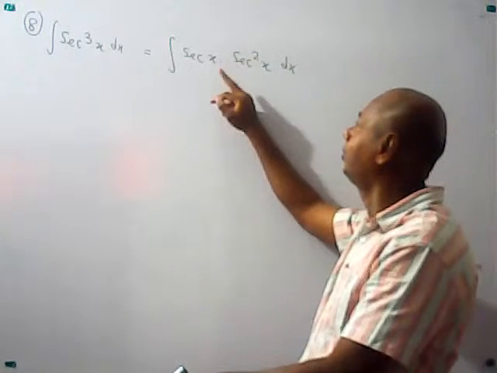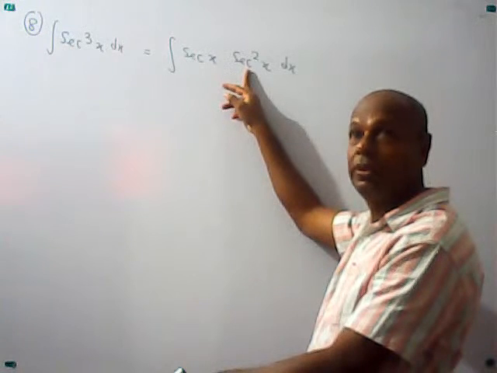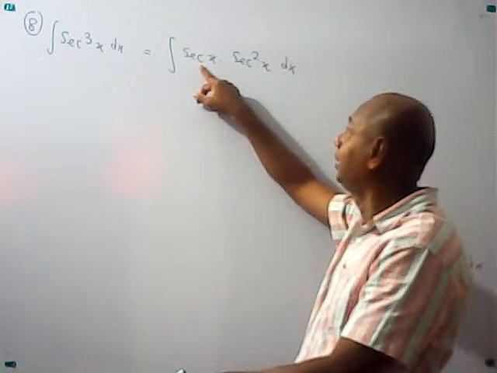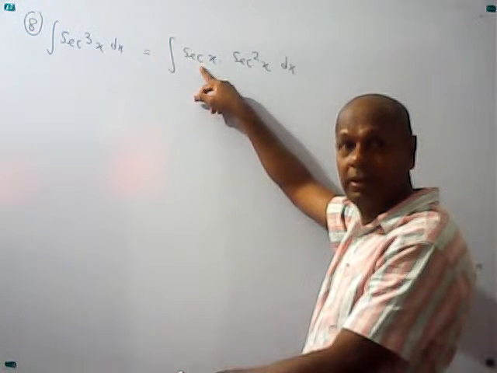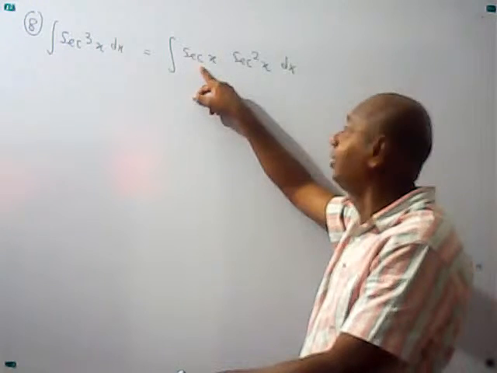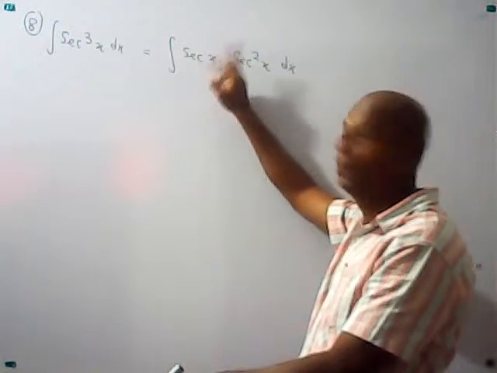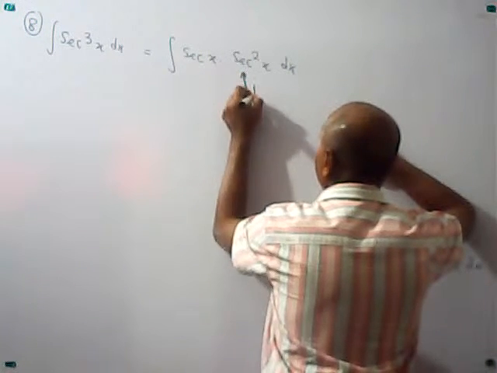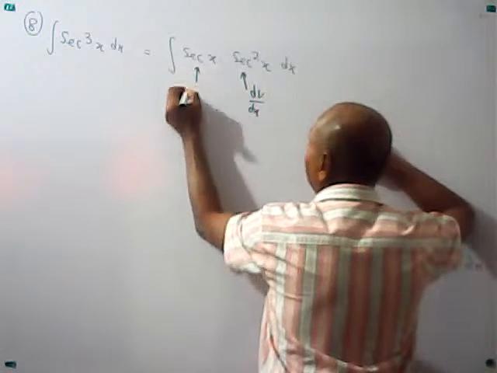The other way, you have to differentiate sec squared x, giving 2 sec x into sec x tan x, and integrating sec x tan x is trouble. So better we try the other option. Take this as dv by dx, because you can integrate it easily and you can differentiate this easily.